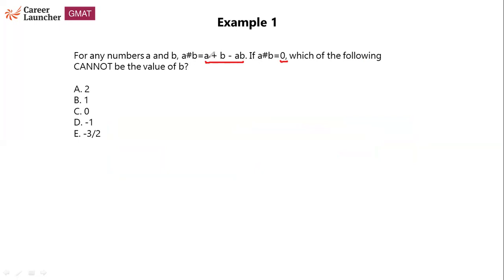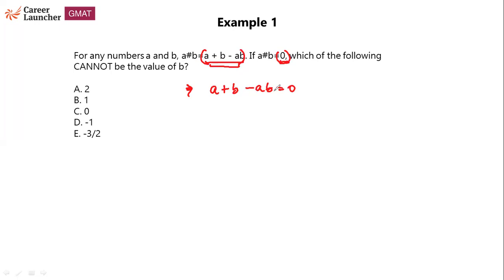But a hash b value is given as a plus b minus ab, and a hash b is 0. So can we simply say that the question gives a plus b minus ab is equal to 0? Why? Because a hash b is this value and a hash b is 0. That means this value is actually 0. That's the simplest form of asking the question here.